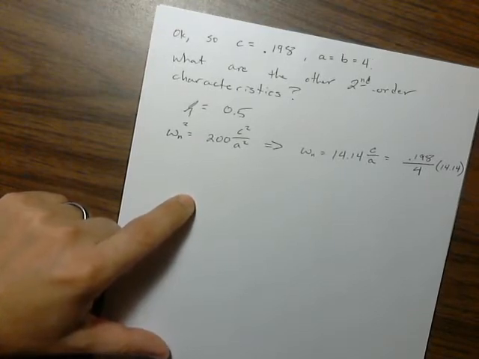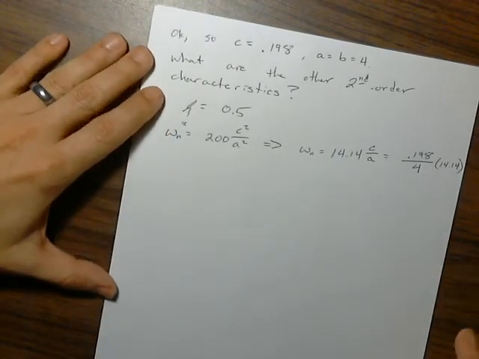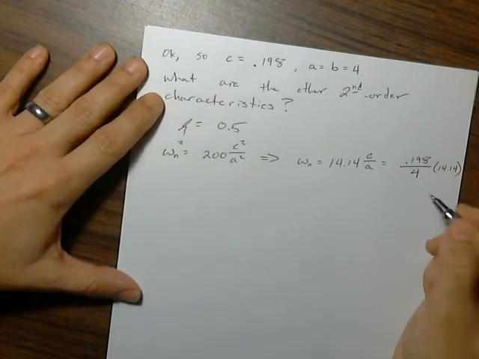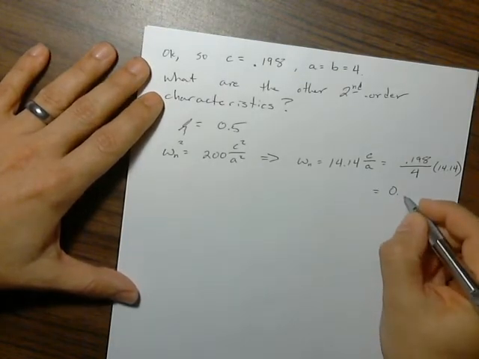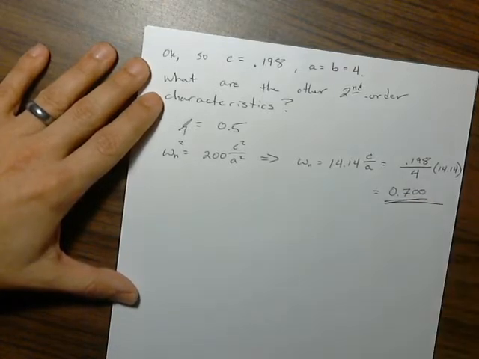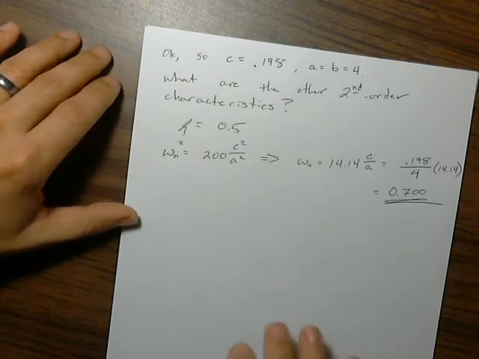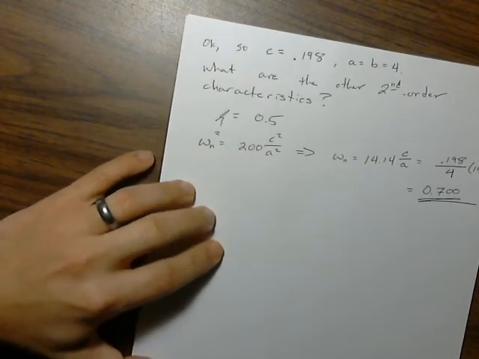Clearly, I can't convince myself of anything today. When I actually plug in those numbers, I get about 0.7, ish, when I round. There you go. So omega n is 0.7. Cool.